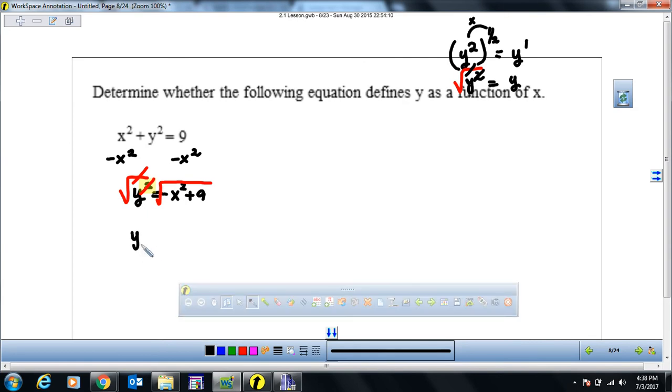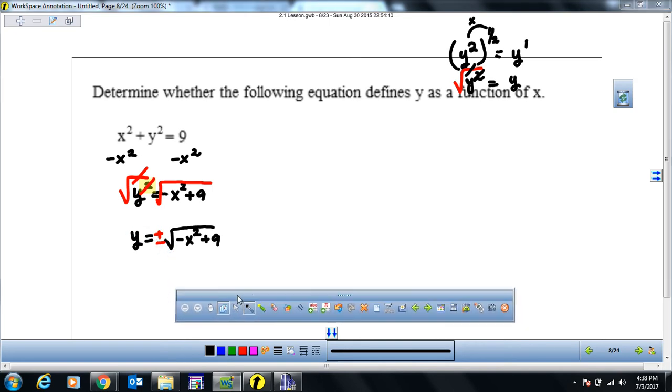The square root property tells you that anytime I take the square root, the solution can be plus or minus. For example, the square root of 16 can be positive 4 or negative 4, because 4 times 4 is 16, but also negative 4 times negative 4 is 16. So whenever we take the square root on both sides of an equation, the solution is going to have a plus or minus in front of the square root, positive or negative.